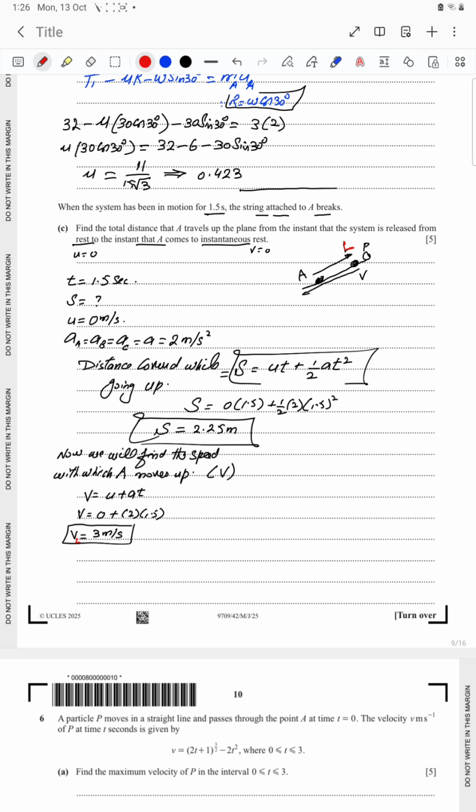Now when the string breaks, I can make the partition and change the color. When the string breaks, it means there will no longer be any tension along the string.